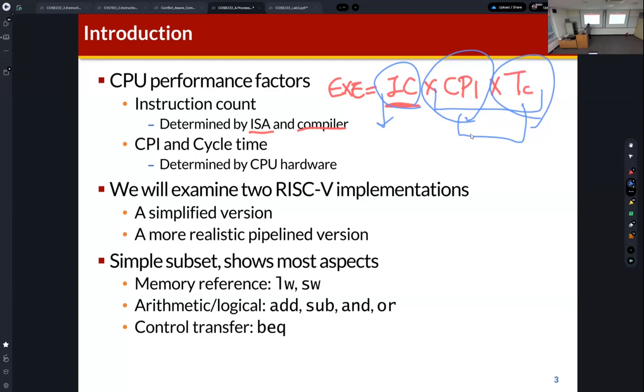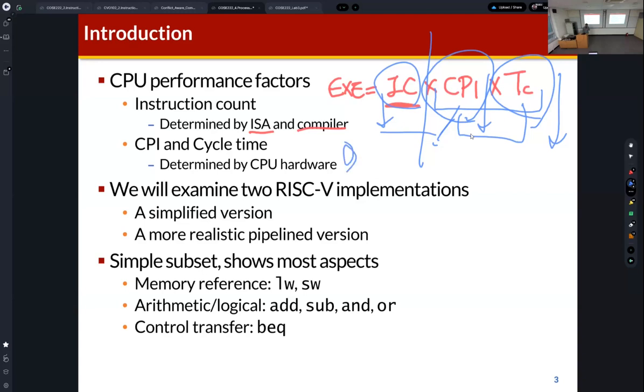CPI can also be changed by software, because instructions exhibit different CPI values, but the CPI of an instruction is majorly determined by hardware. So in order to increase performance, we need to reduce the CPI and also reduce the clock period. That's why we need to learn about the hardware architecture and the hardware aspect of the computer system.